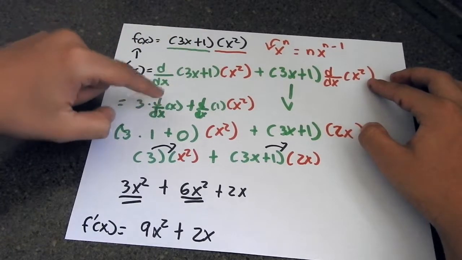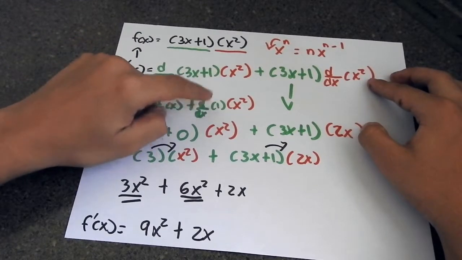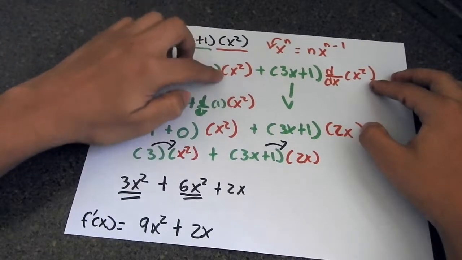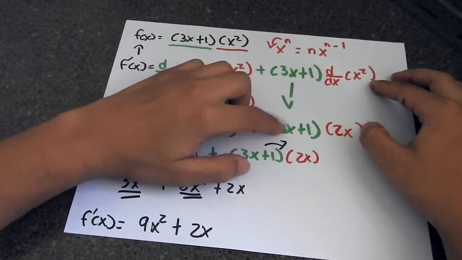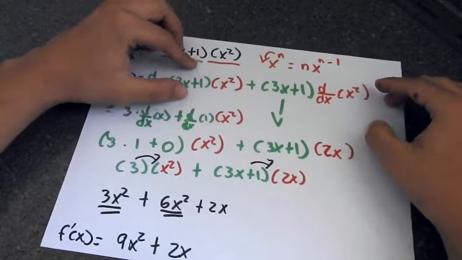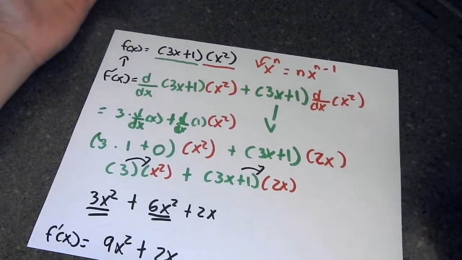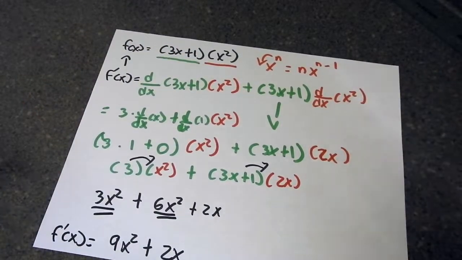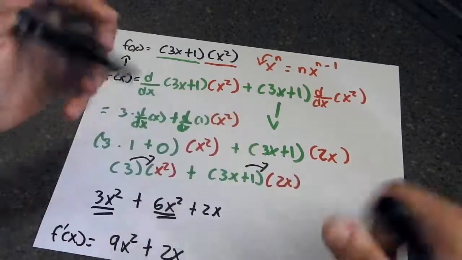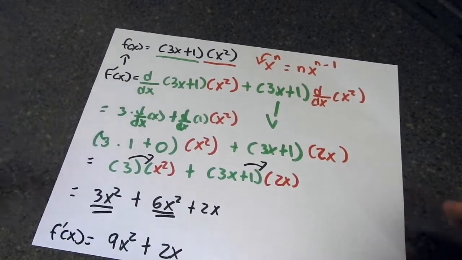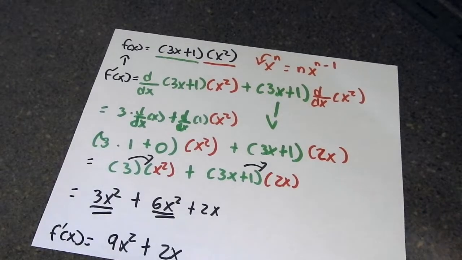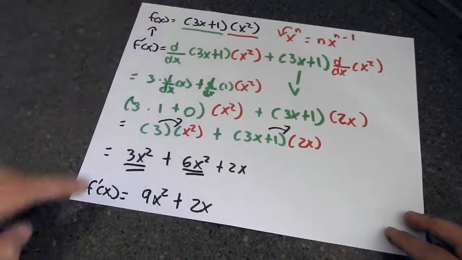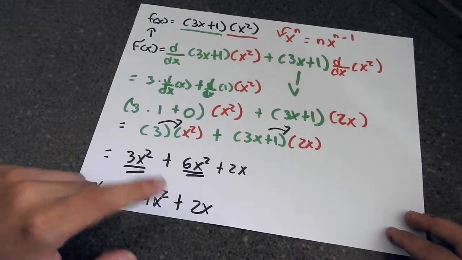We know 3 times the derivative of x is 1, and the derivative of a constant is always 0. 3 times 1 plus 0 times x squared, this doesn't change. On the other side we have 3x plus 1 times the derivative of x squared, and we know by the power rule that this is going to be 2x. So in the last two lines we just had to simplify our answers and combine like terms, and we have our expression that gives the derivative of f of x. F prime of x is equal to 9x squared plus 2x.